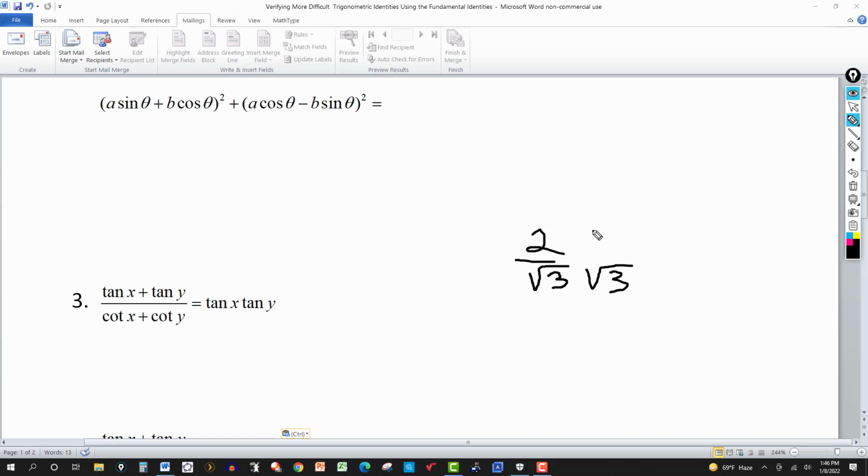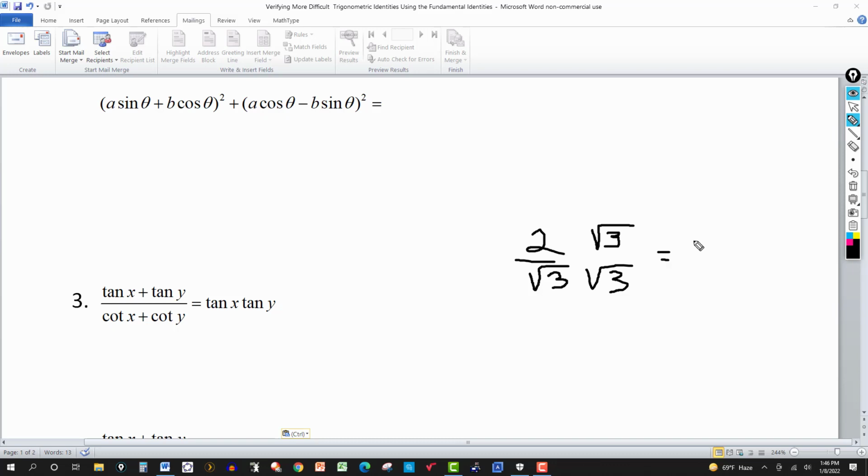Whatever you do to the denominator, you have to do to the numerator, otherwise you've changed the problem. All we're doing here is multiplying by 1. Radical 3 over radical 3 is 1, and 1 times the original fraction is still the same. So that doesn't change it.